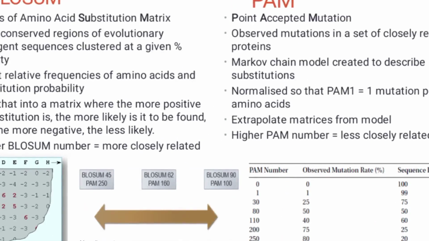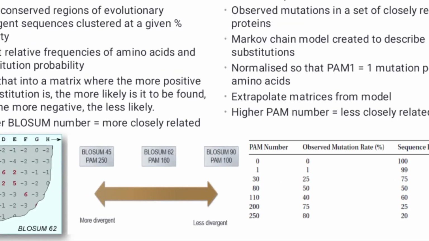So looking at the table below here, you can see PAM number 1, observed mutation just 1%. But look at PAM 250. With PAM number 250, the observed mutation that one can accommodate is about 80% mutation rate. So you can see the identity will be reduced drastically as the PAM number increases.